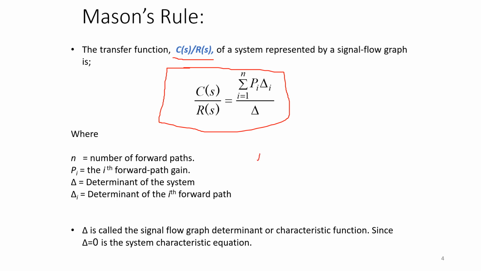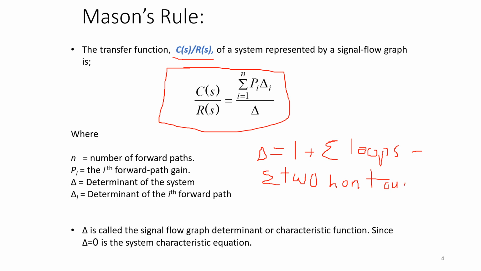This delta is usually represented as 1 minus the summation of all individual loop gains, plus the summation of gain products of two non-touching loops, minus the summation of gain products of three non-touching loops, and so on.